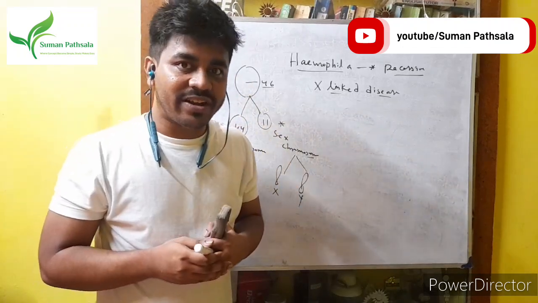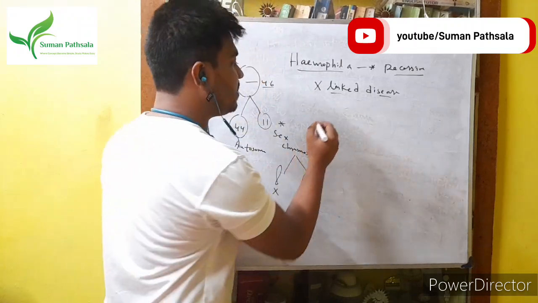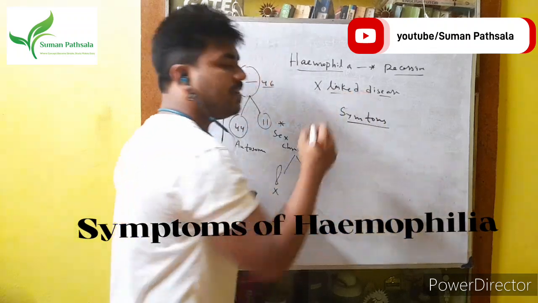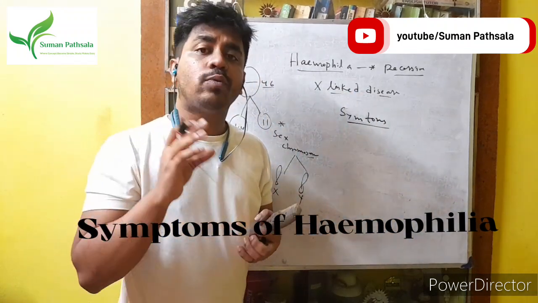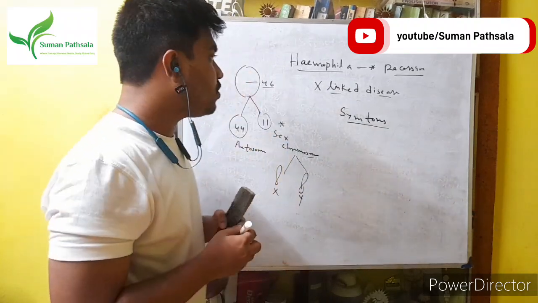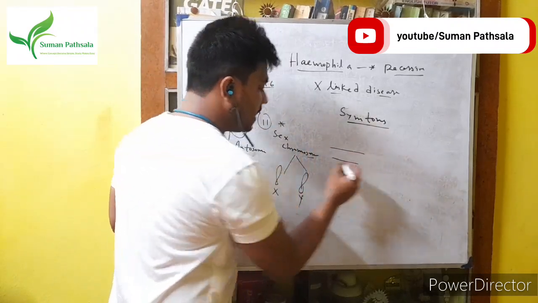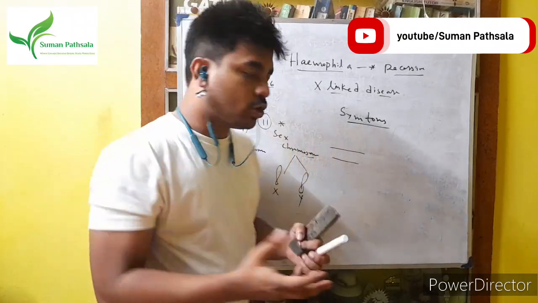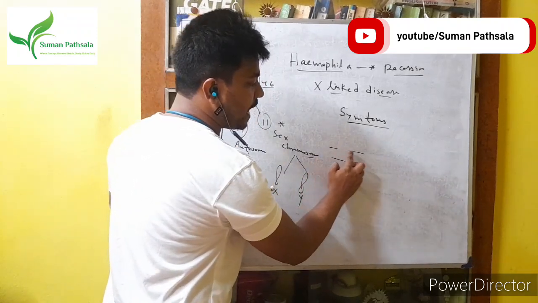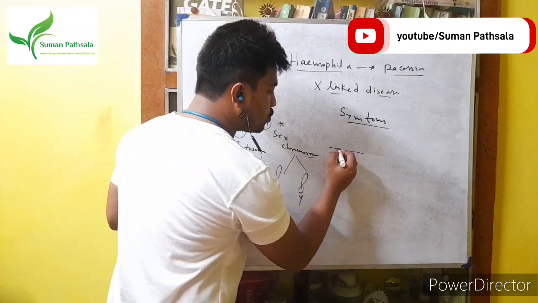Now we have to understand, if any person has hemophilia, then what happens? So I write here symptoms. Hemophilia is an X-linked disease. Generally in our body, suppose this is your hand and one portion is damaged, then blood is released from this portion.